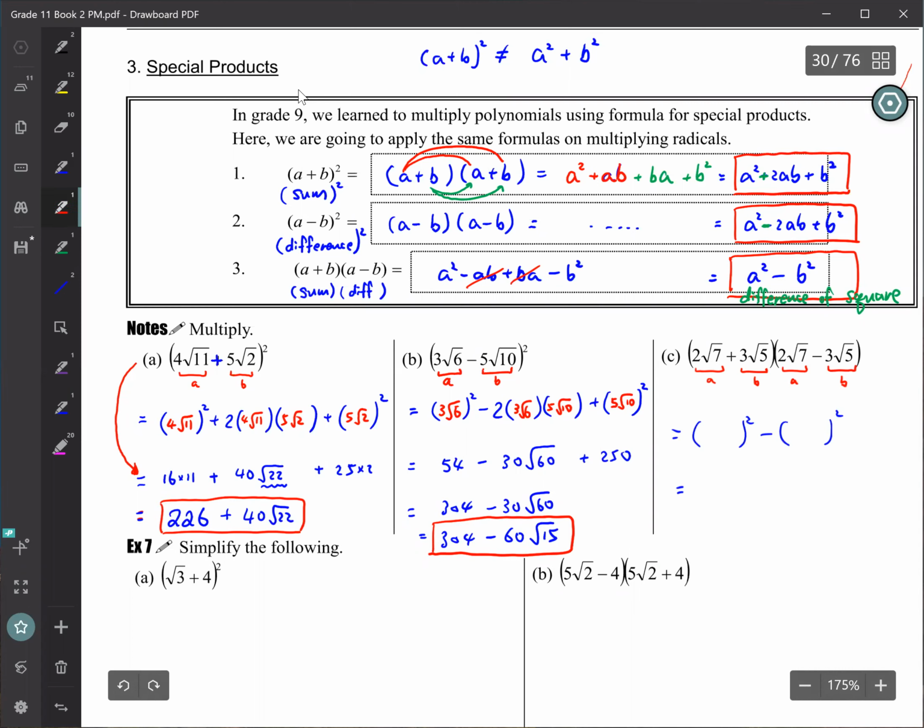So our A is 2 root 7, B is 3 root 5. Please simplify this. The square is going to get rid of all the radical sign. Please raise your hand when you finish this one. Your final answer won't have any square roots anymore.